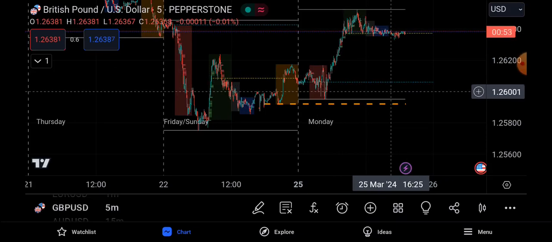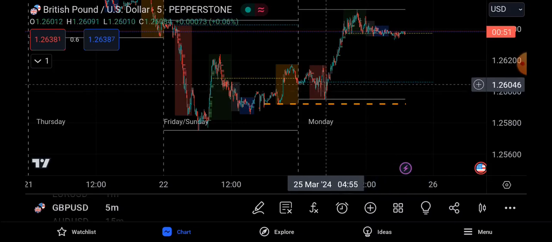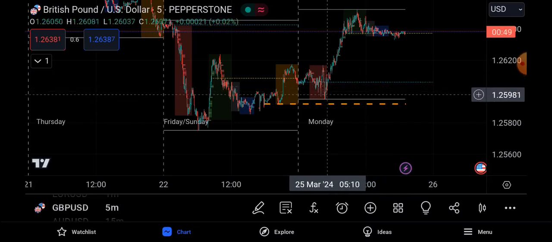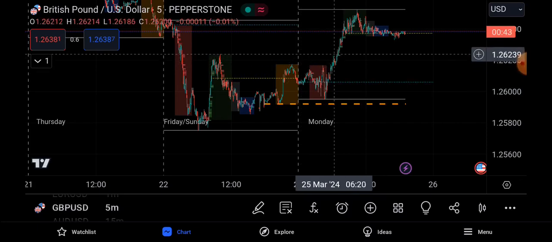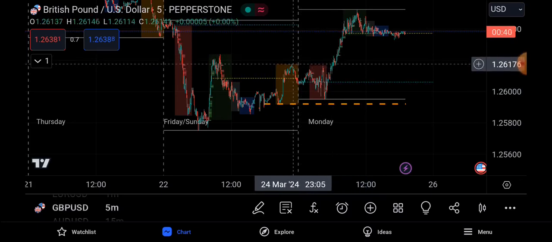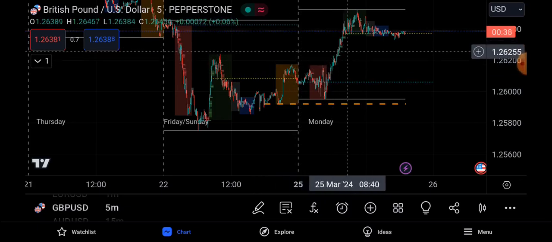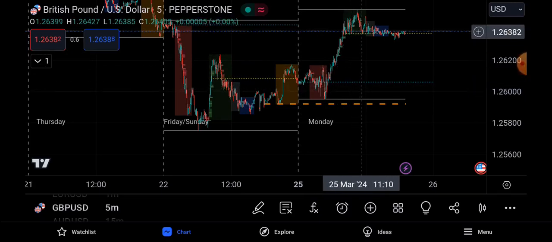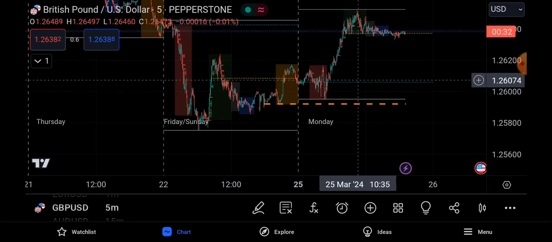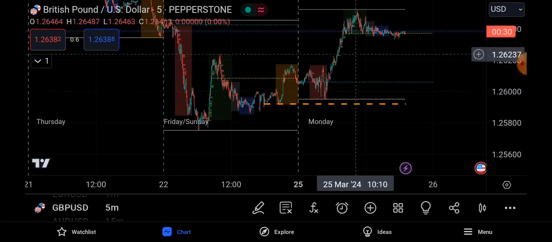But we do have instances where the London comes below the New York midnight, and then pushes up and takes liquidity. But usually when that happens, when we take a high, we tend to come back down below the New York midnight, open below and push. If not below, we tend to come anywhere near the New York midnight and push to the upside.